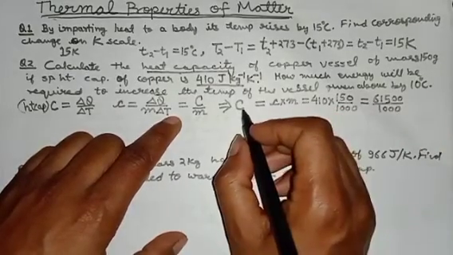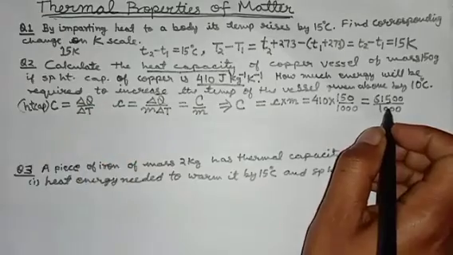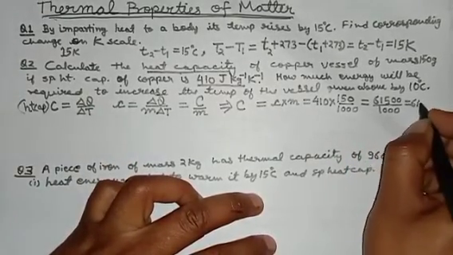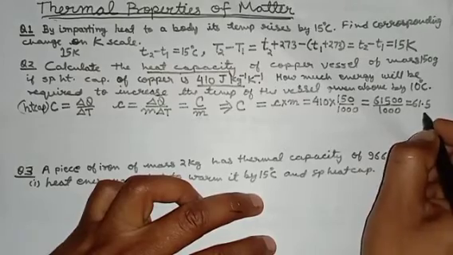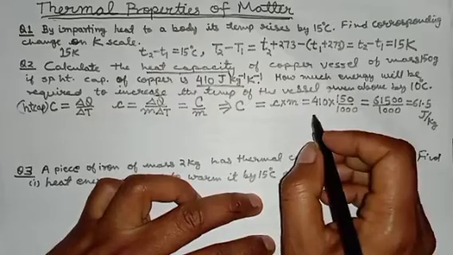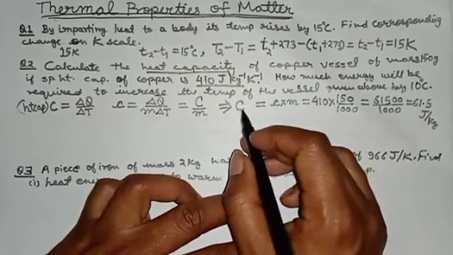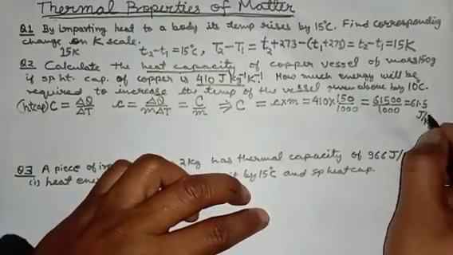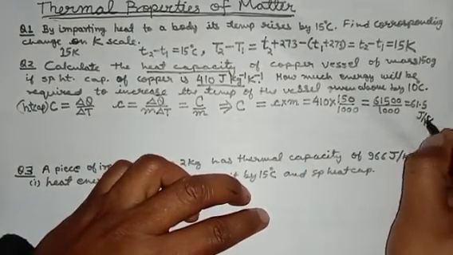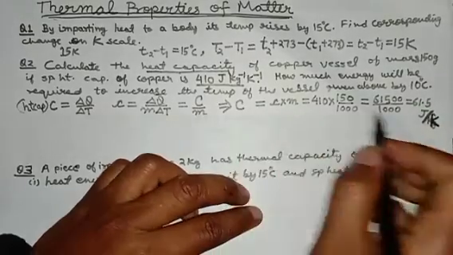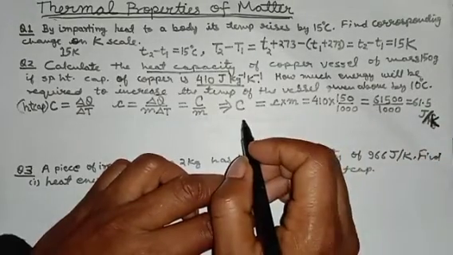First I will simplify this, so it becomes 61.5 joule per Kelvin. This is the unit of heat capacity, joule per Kelvin.